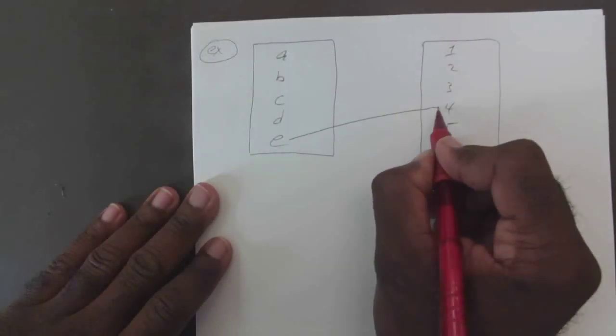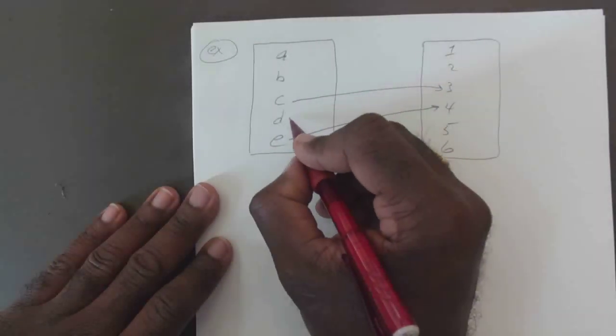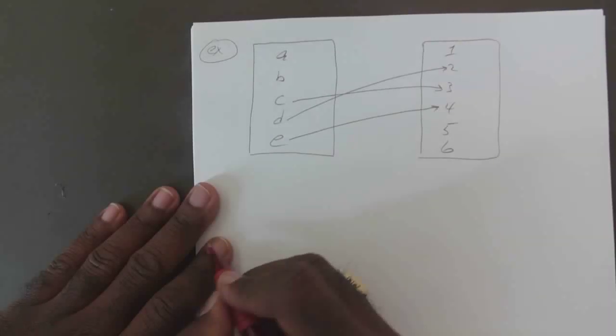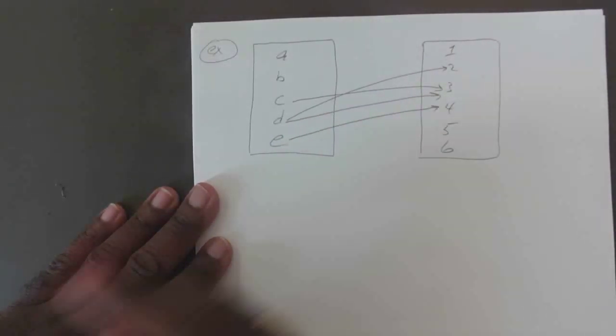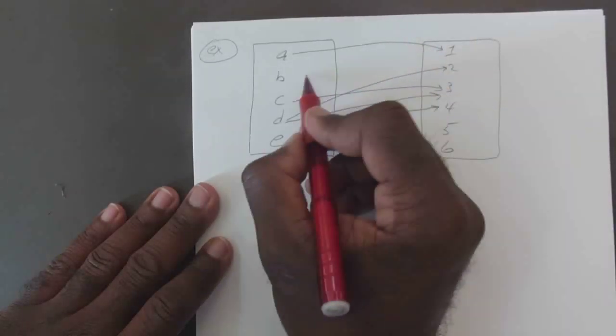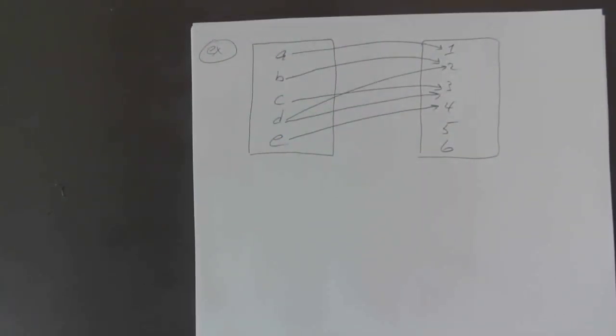Okay, let's say E went to 4, C went to 3, D went there, there, let's say A went to 1, B went to 2.